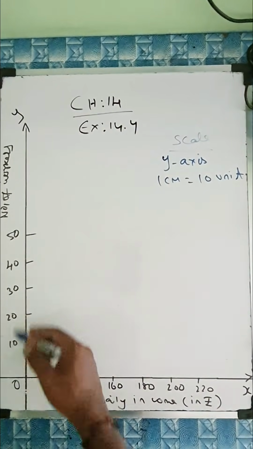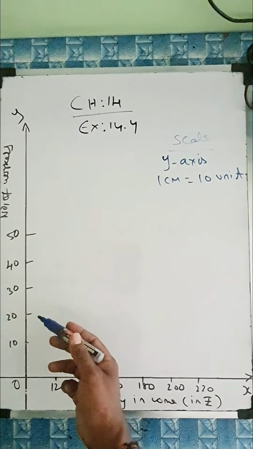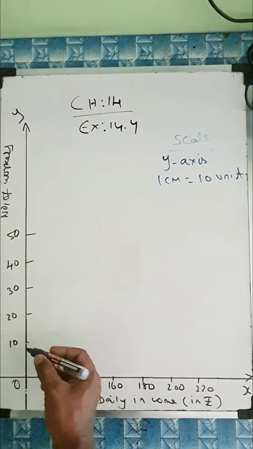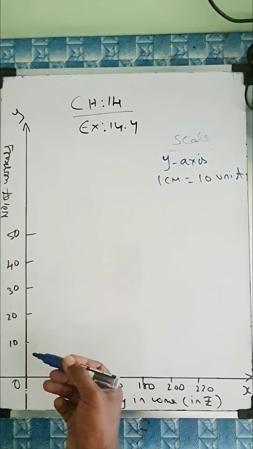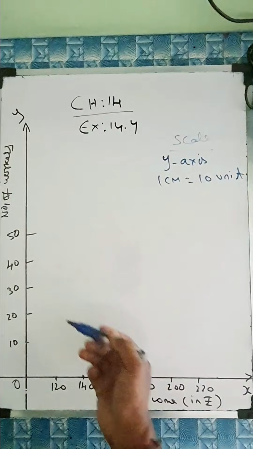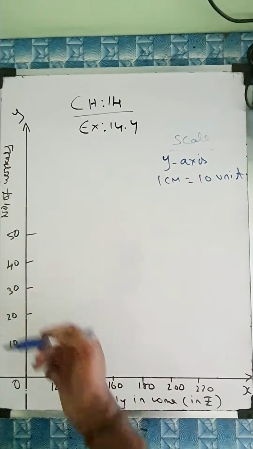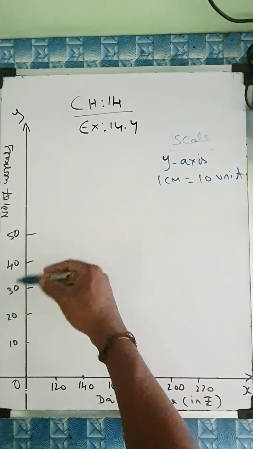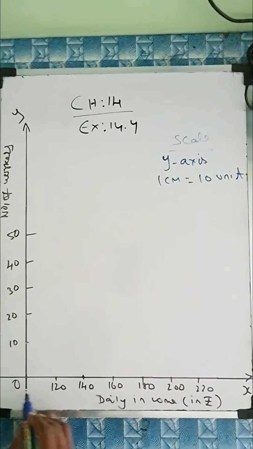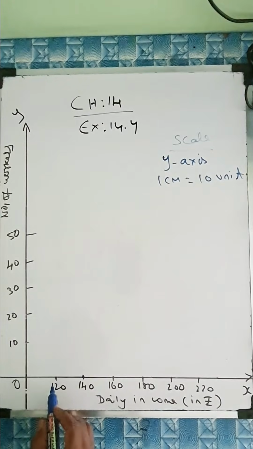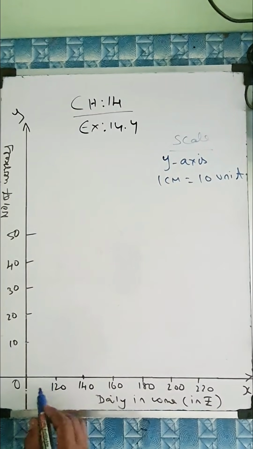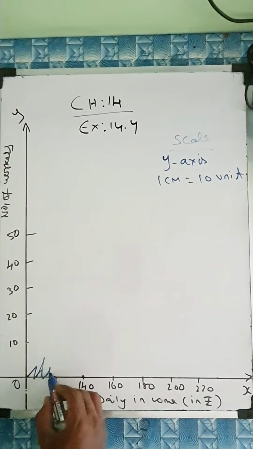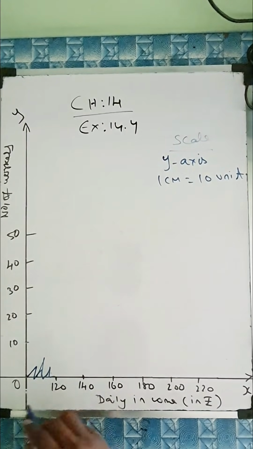On the y-axis we are taking 10, 20, 30, because this question goes up to 50 only. You can also take 2, 4, 6, or 10, 20, it doesn't matter. This is the number of workers, and the y-axis scale is 1 centimeter is 10 units. Between 0 and 20 there are lots of numbers, so you just show a break symbol like this.